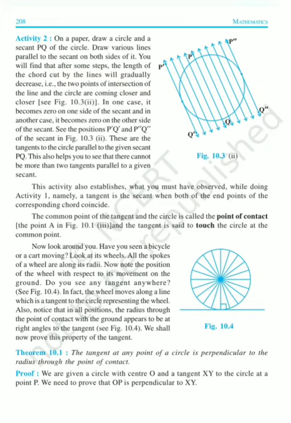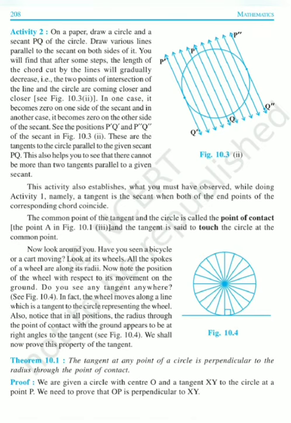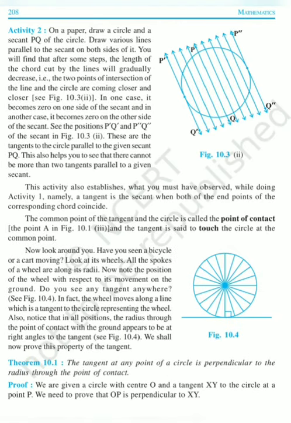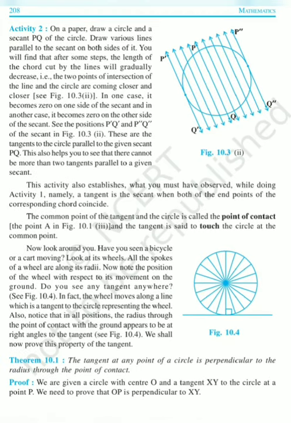Activity 2. On a paper, draw a circle and a secant PQ of the circle. Draw various lines parallel to the secant on both sides of it. You will find that after some steps, the length of the chord cut by the lines gradually decreases.